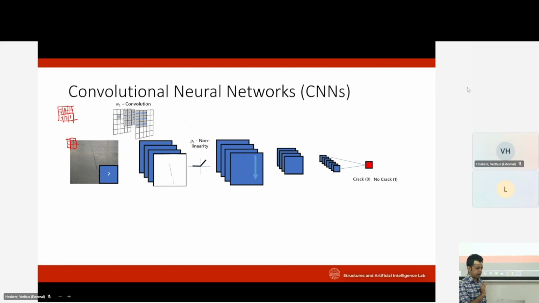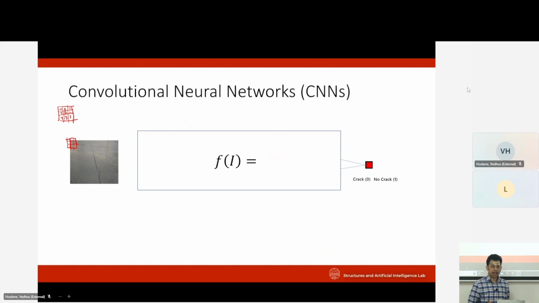But that is applied so that this f of I function that we're learning has the ability to represent nonlinear functions, right?